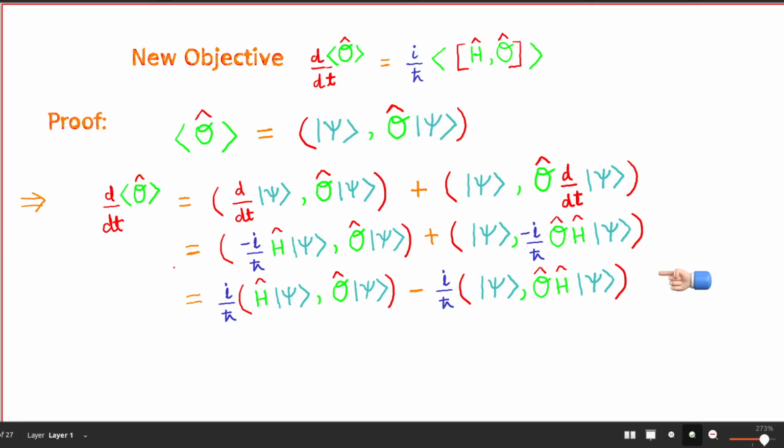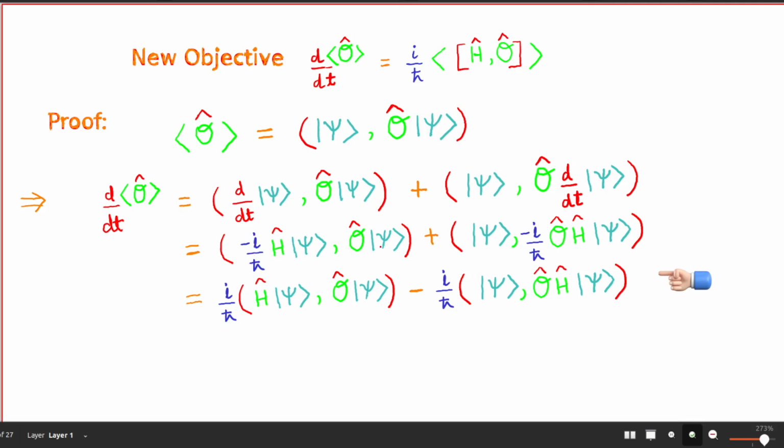Now we take the constant factor out of this Hermitian inner product. When we take a constant factor out from the first place in a Hermitian inner product, it gets complex conjugated.